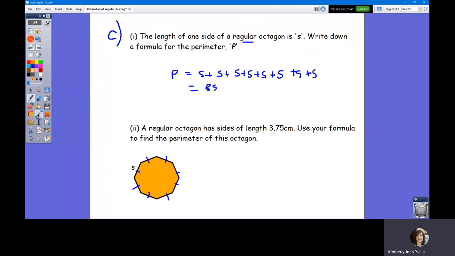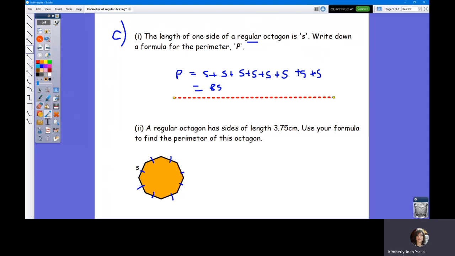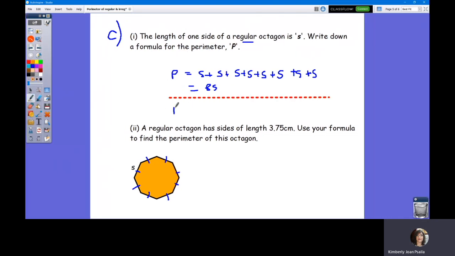Whereas a shorter method you can use: P is equal to S in length multiplied by how many sides we have, and we have 8 sides. In algebra we don't write the multiplication sign, so P should be equal to 8S. So our formula here is P is equal to 8S. Either this method or this method, they are both correct.